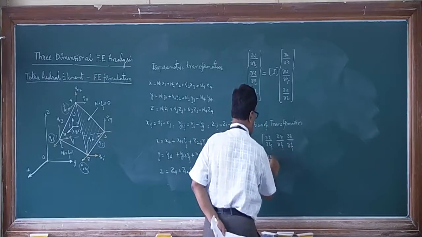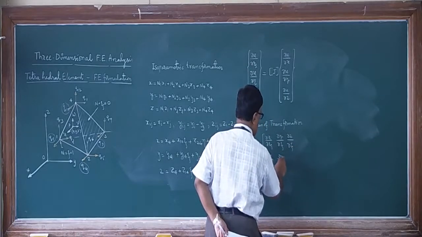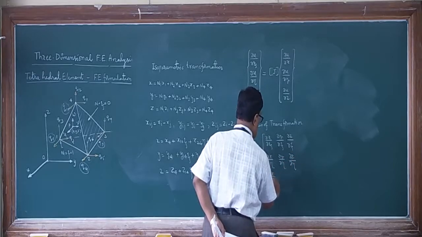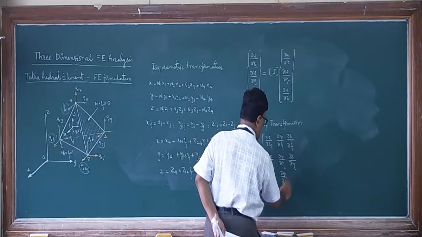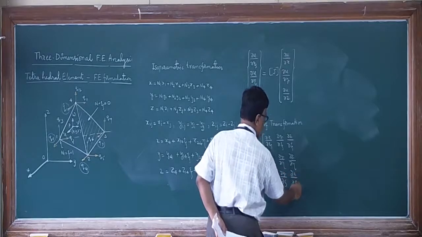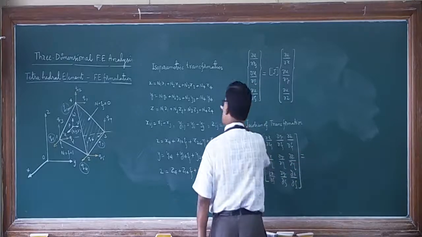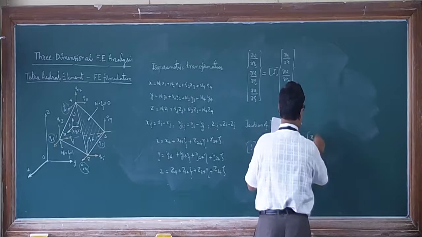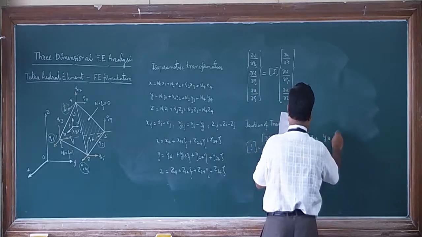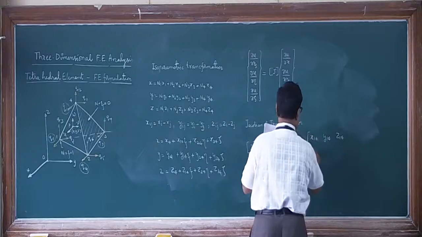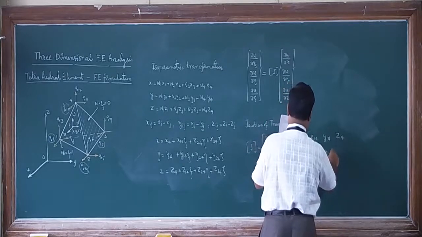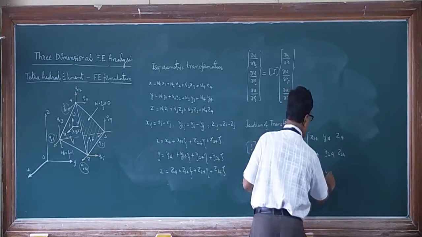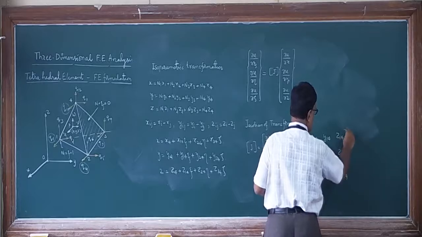Similarly, dou x by dou eta, dou y by dou eta, dou z by dou eta, and dou x by dou theta, dou y by dou theta, dou z by dou theta. From these coordinates you can easily make out the entries: x14, y14, z14, x24, y24, z24, x34, y34, z34. This is a 3 by 3 matrix.